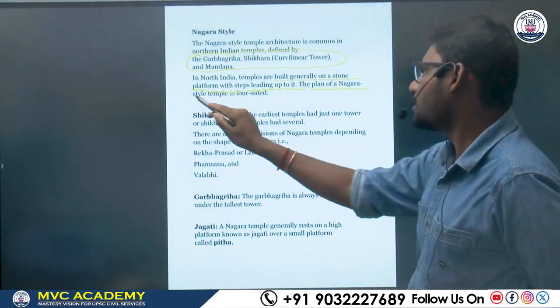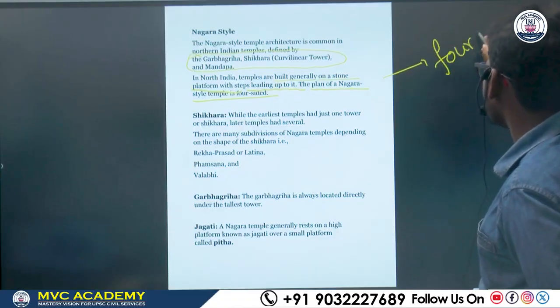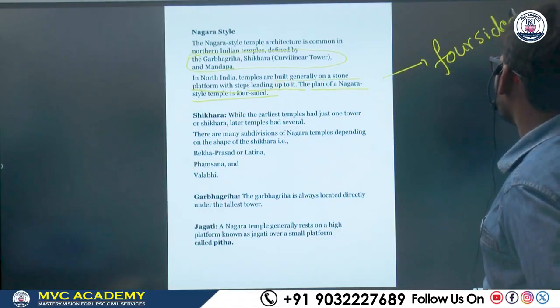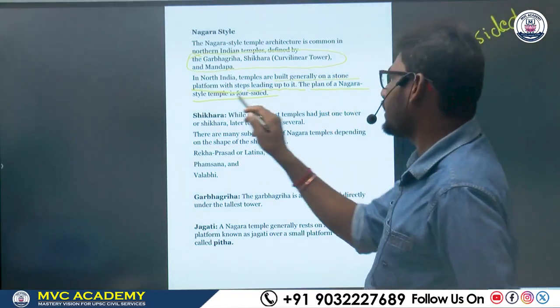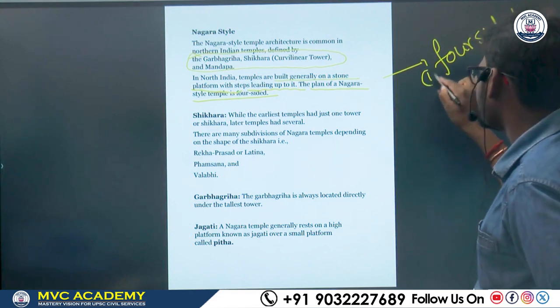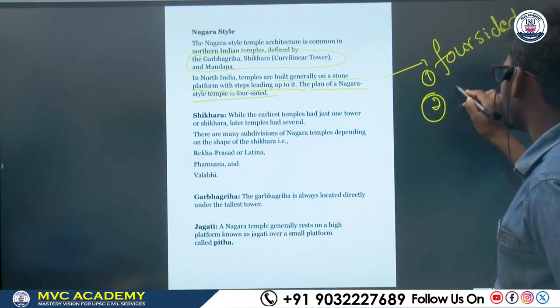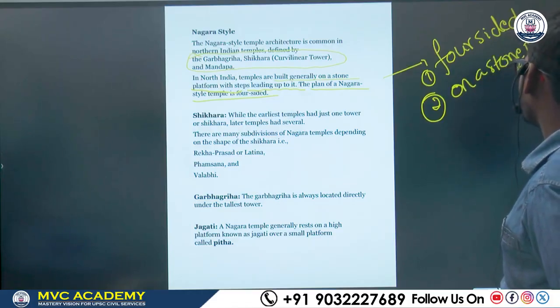The plan of a Nagara temple is four-sided. Another important component is that it is built generally on a stone platform.